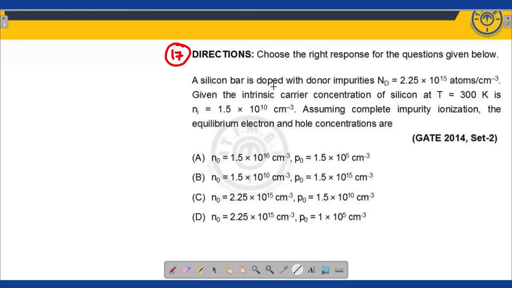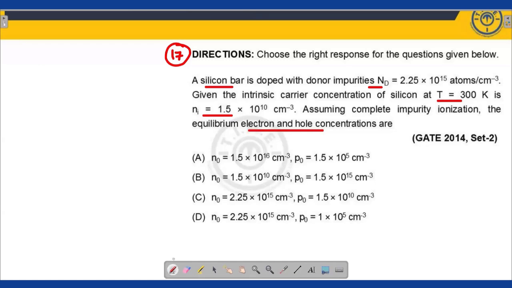Means silicon bar is doped with donor impurities means it is nothing but what type of semiconductor? N-type semiconductor. Intrinsic concentration at 300 degree Kelvin, Ni value is given. Find the electron and hole concentrations.